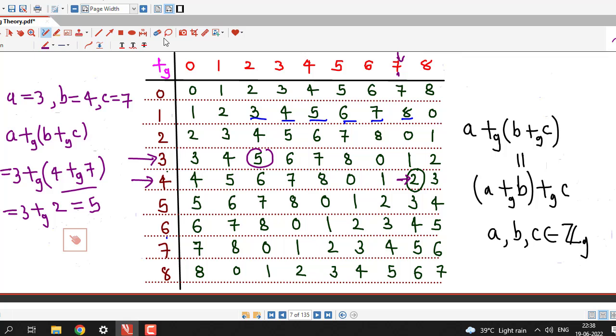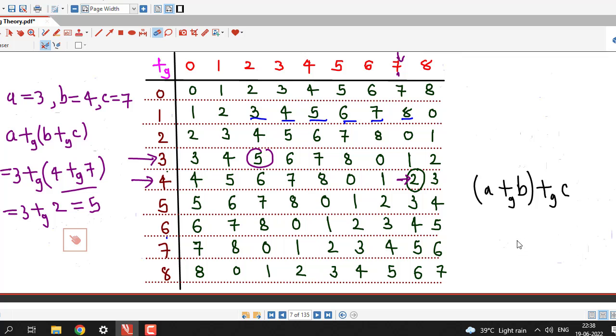Now we find the other part, that is A plus B plus C grouped the other way. A is 3, B is 4, plus 7. First we write 3 plus 4.